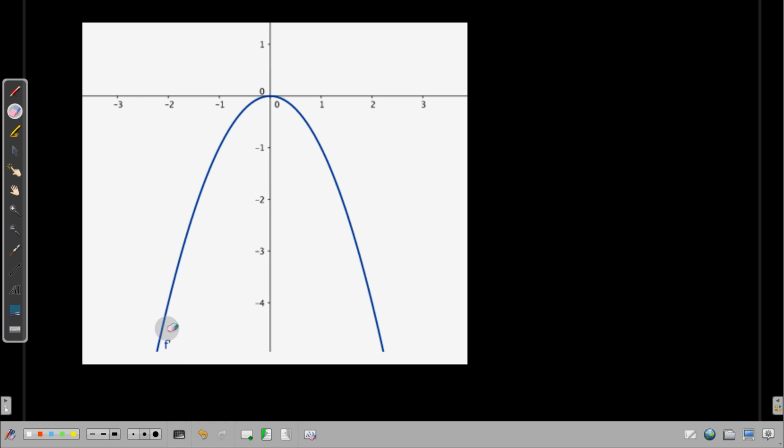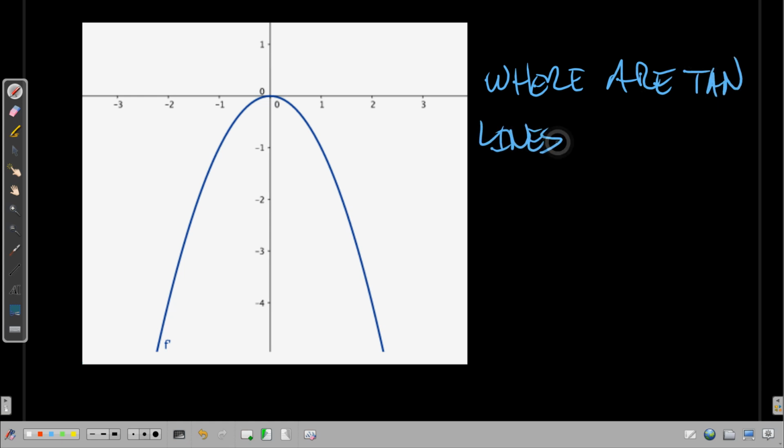I'd be curious about where the tangent lines to this curve have negative slope.